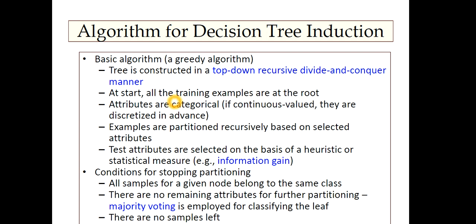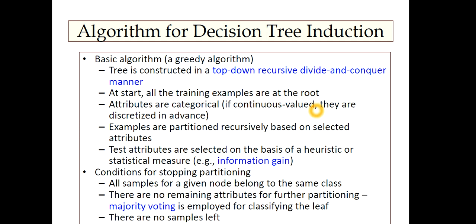At start, all the training examples are at the root. Then attributes are categorical. If continuous values, they should be discretized in advance. So you are going to tell me, what do you understand by categorical attribute or categorical variable, and what is a continuous valued attribute?